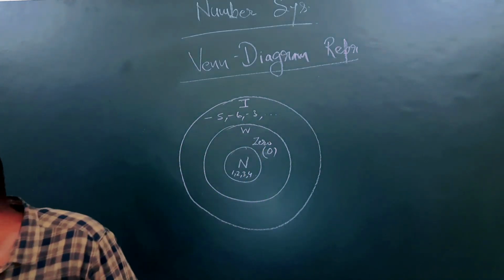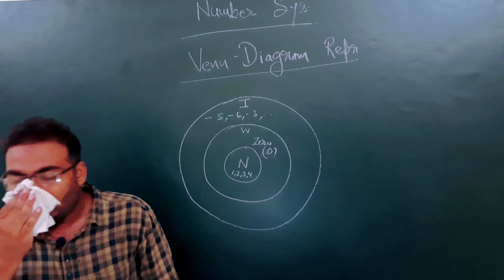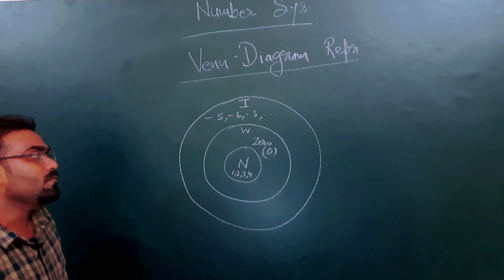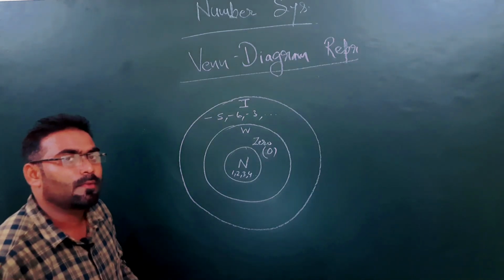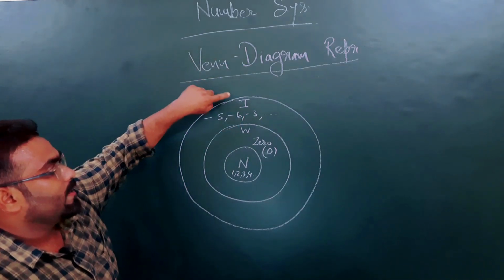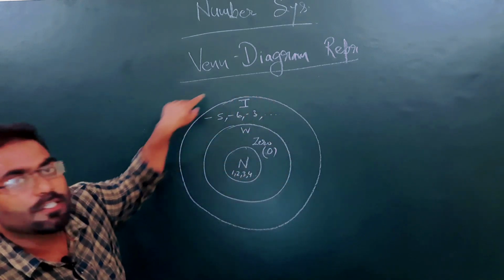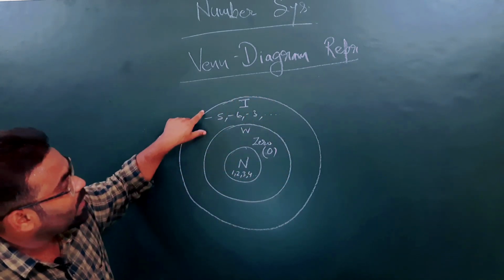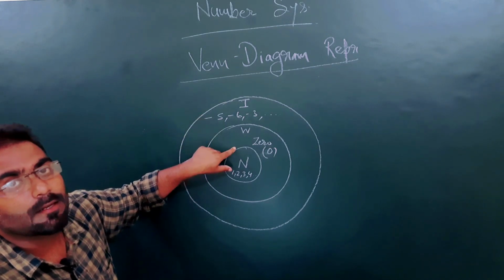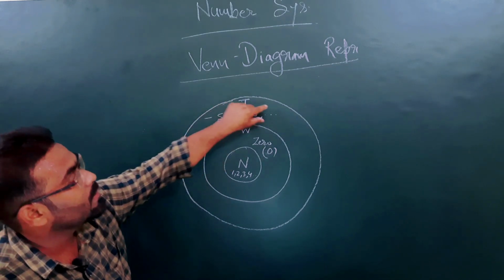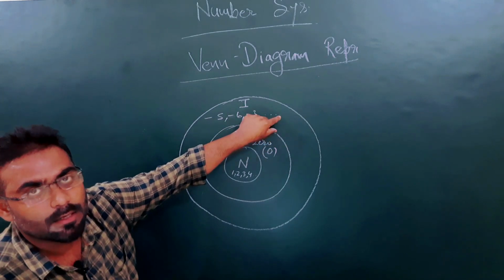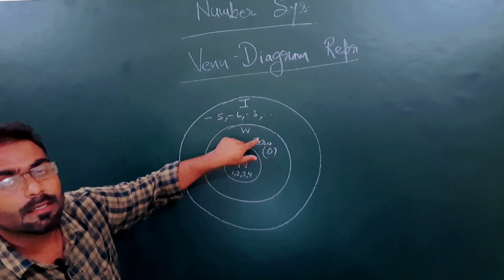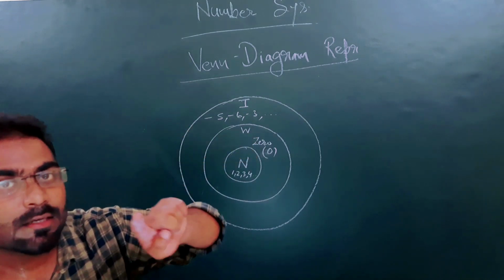So what else have I taught till now? Let's take a halt. Try to understand. This is a circle of integers, but do all integers are whole numbers? Remember my point.